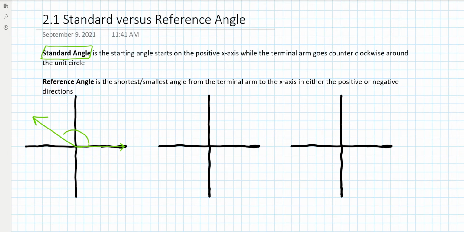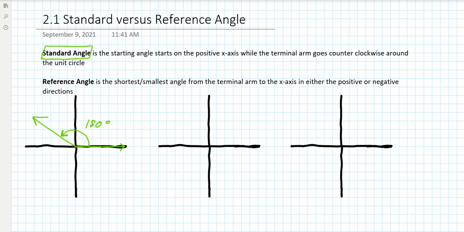So that's going counterclockwise around the graph or the unit circle. Whatever angle is given there is our standard angle. So let's say maybe in this case it's 150 degrees. So that would be our standard angle.